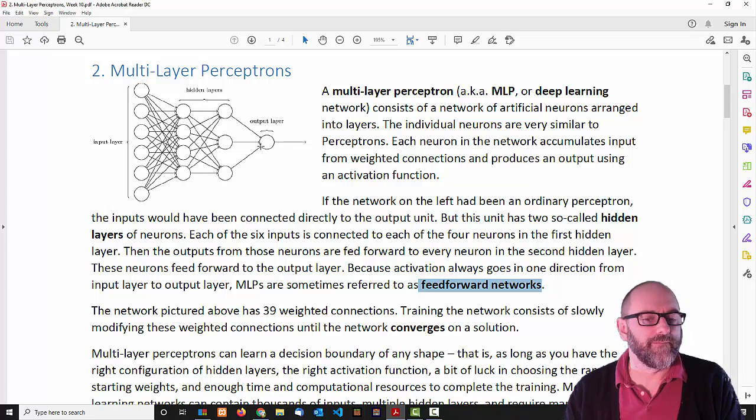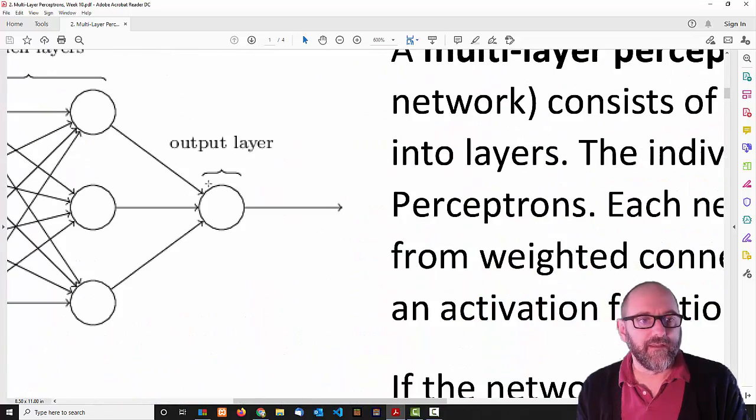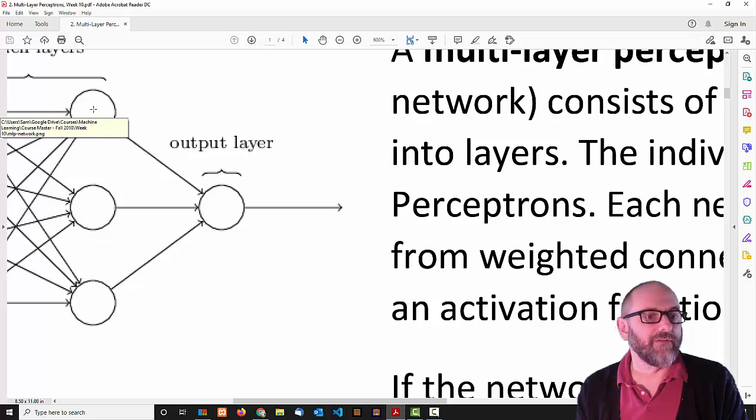And the problem that held things back for a little while was when we were training, if we just had this layer here, right? So we imagine this was the input layer. We feed forward to here, we get our solution, and we can see whether it was correct or incorrect. And then we can look back and say, well, this node here was giving a lot of activation, so it was quite responsible for the error.